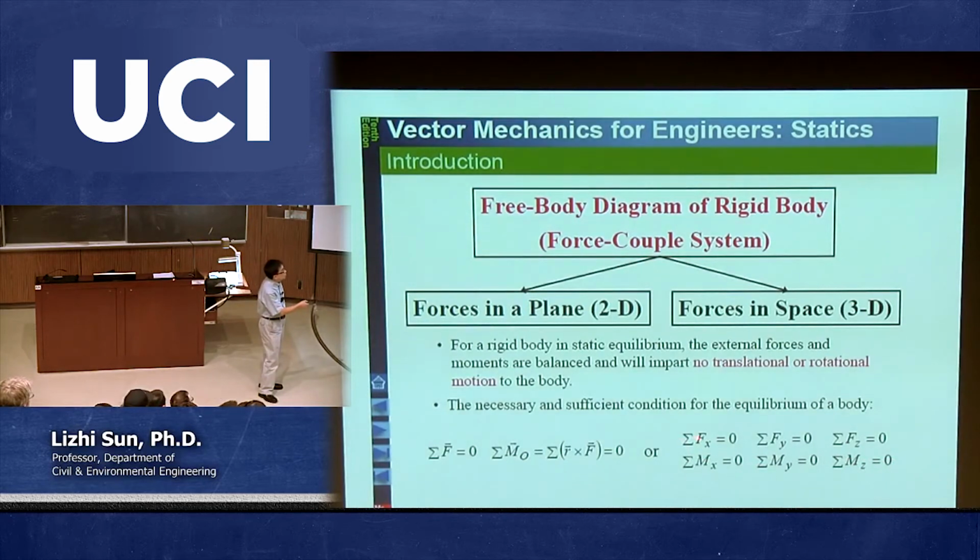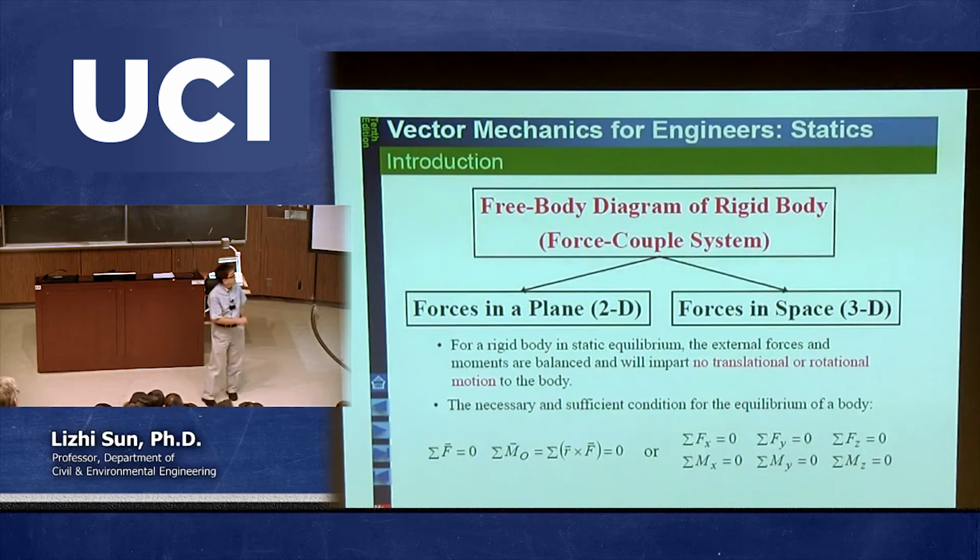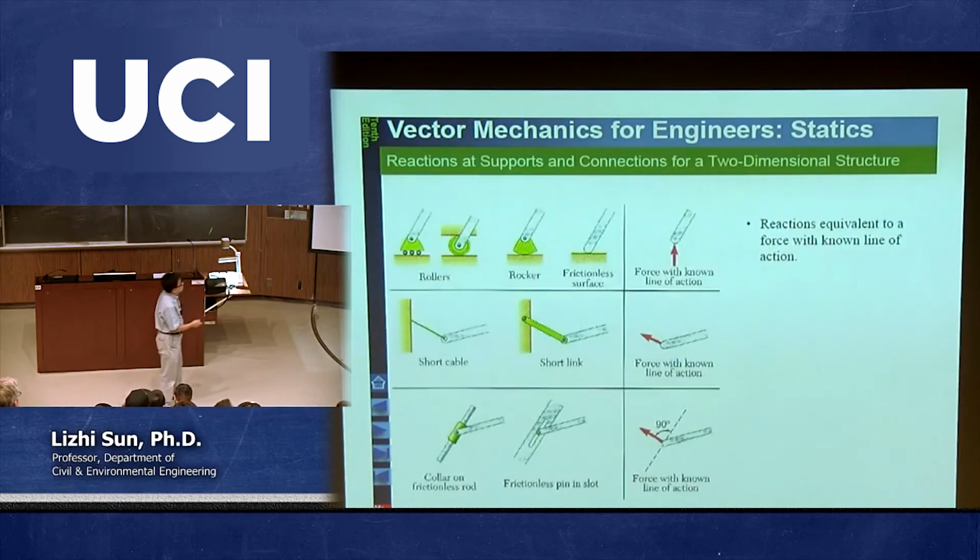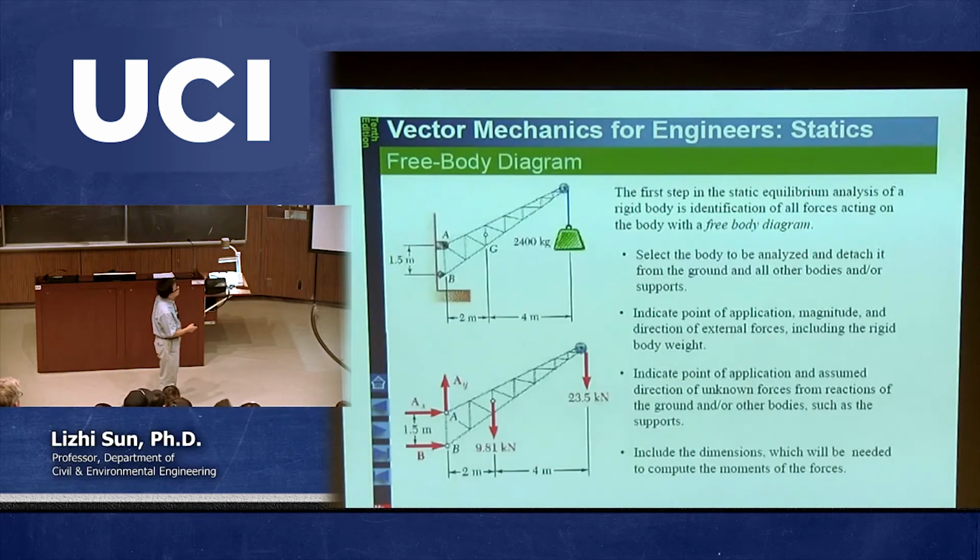But I don't want you to just simply write those 6 equations. Instead, I would like you to follow these 2 equations. These are 2 vector equations, but they are together equivalent to this 6 equation. Because this is a vector equation, you finally end up with 3 equations. And this vector moment equation, you finally end up with another 3 equations. Okay? For 2-dimensional problems, we finally end up with 3 equations.